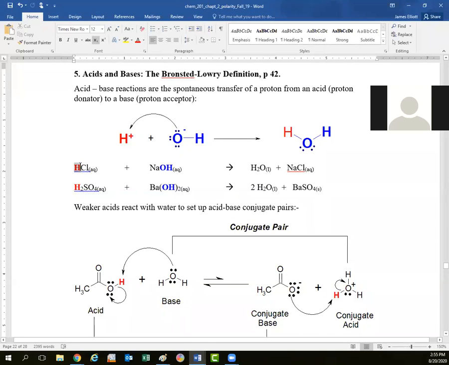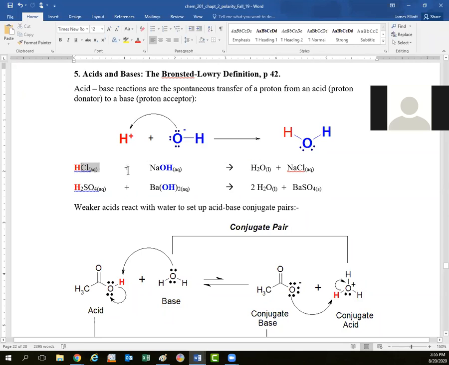So the acid gives away a proton because a hydrogen atom, if it's lost its electron, all you've got left in the atom is that proton in the nucleus. So we sometimes refer to these hydrogen ions as protons. So it donates a proton, that allows us to form water, and then the leftover bits come together.